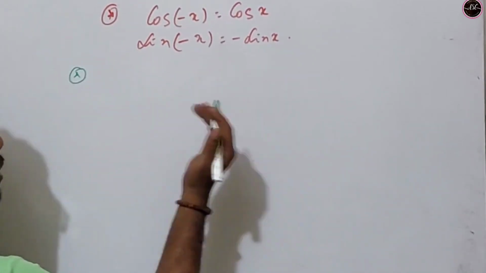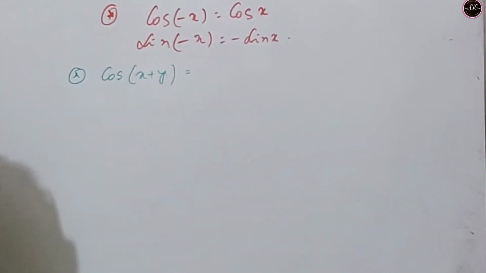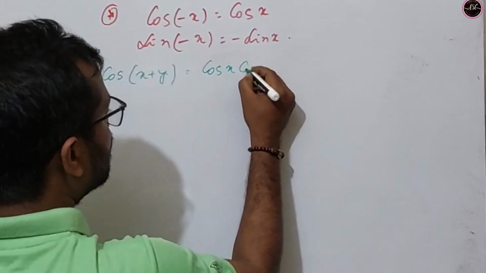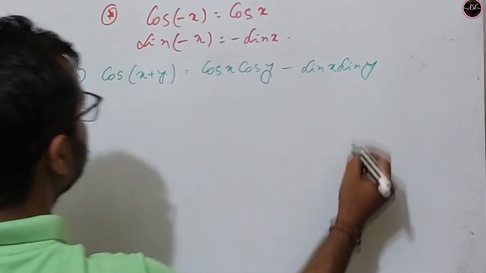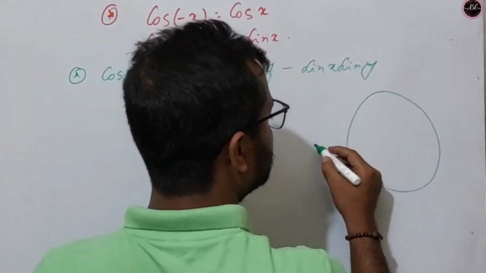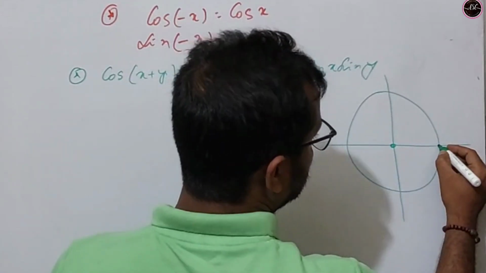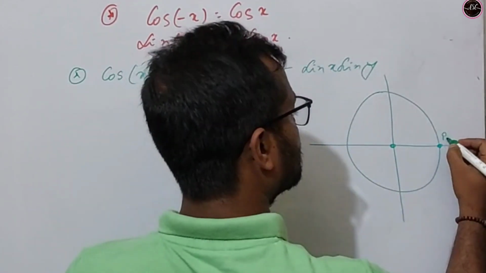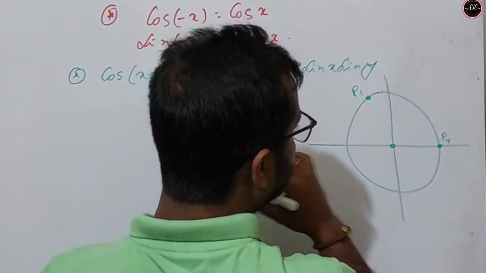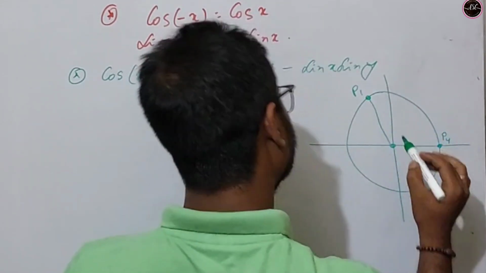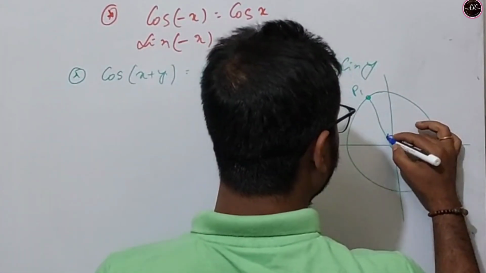There is a theorem: cos of x plus y equal to cos x cos y minus sin x sin y. If we draw a unit circle, here this is the origin, here a point P4, here a point P1. This angle is x.